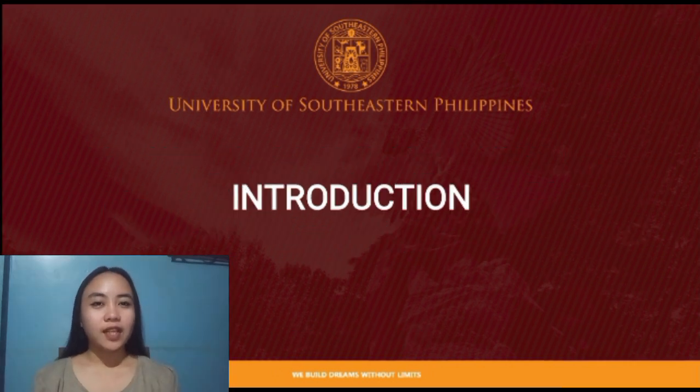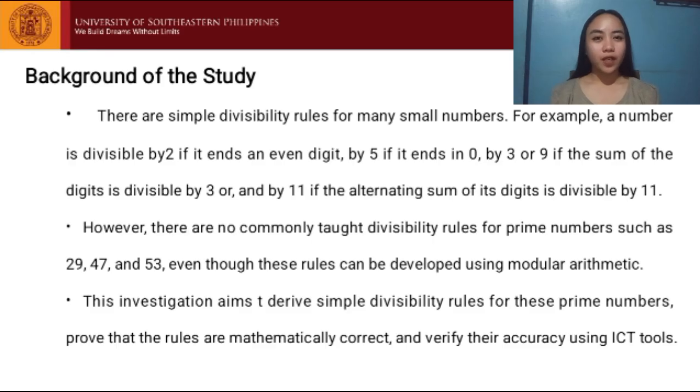To start, let us go over the introduction of our study. This part will cover the background, our research question, and also our objectives. Most of us already know simple tricks to check if a number can be divided evenly by another number.